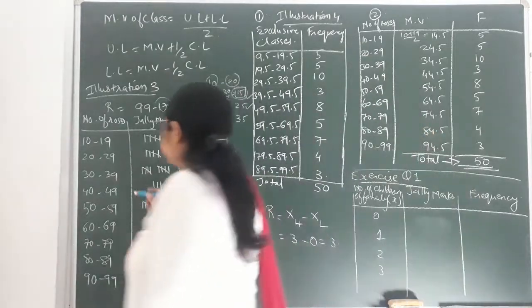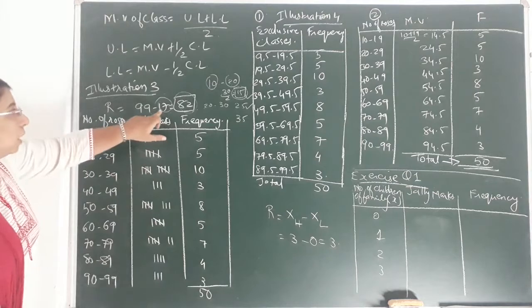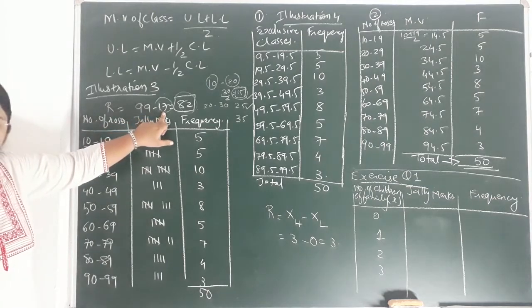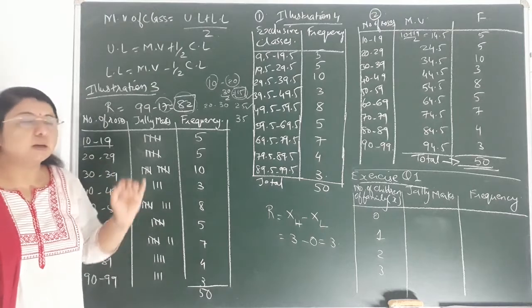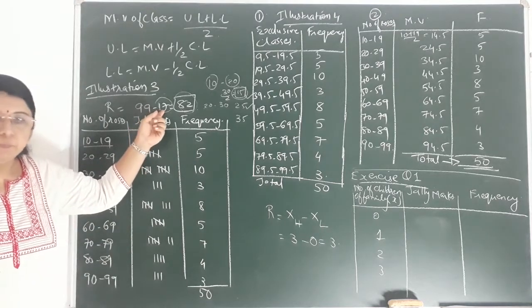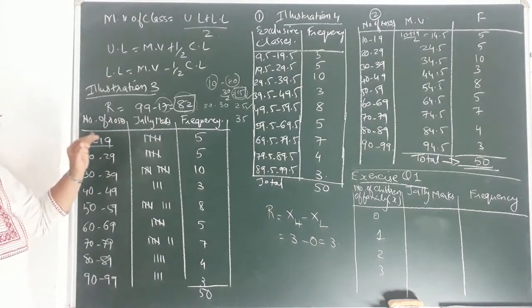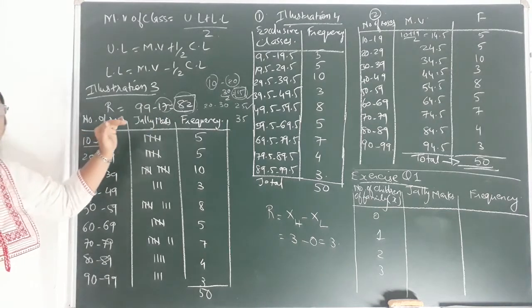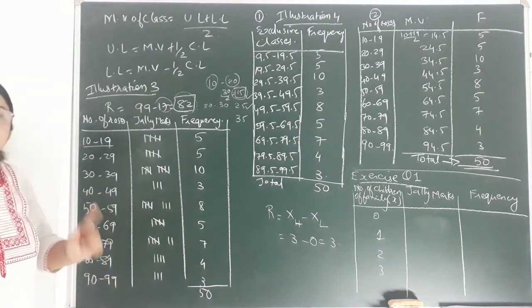So the first class we have taken is 10 to 19, in which the minimum value 17 will come. Our first class should always have the minimum value in it, and the last class should cover the maximum value.